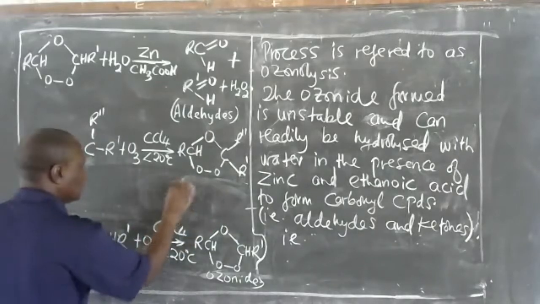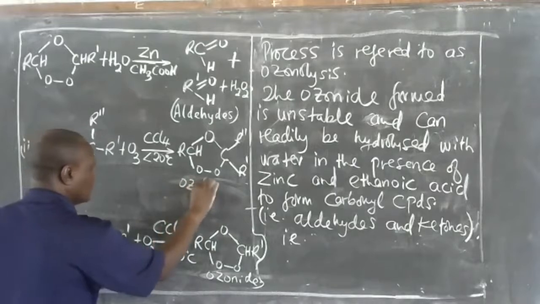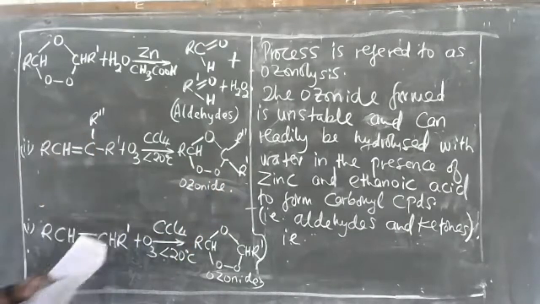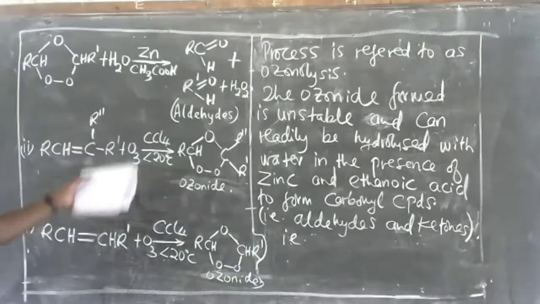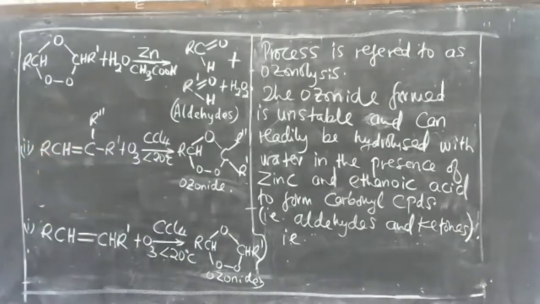We have got the ozonide. Then next we add water in the presence of zinc and then ethanoic acid. We get the final product.